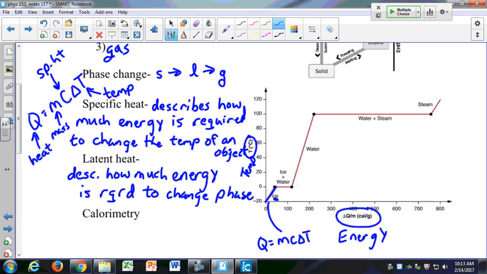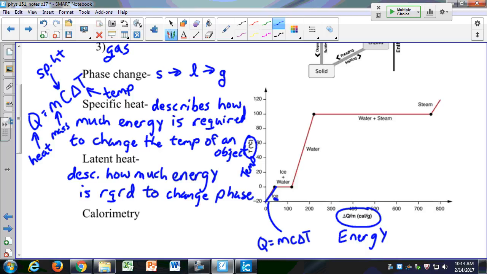So there's this additional amount of energy required to go from ice at 0 degrees to water at 0 degrees. You put all this energy into it, and it doesn't change temperature, it just changes phase. Now this is important because later we'll talk about the body's primary cooling mechanism, which is what?